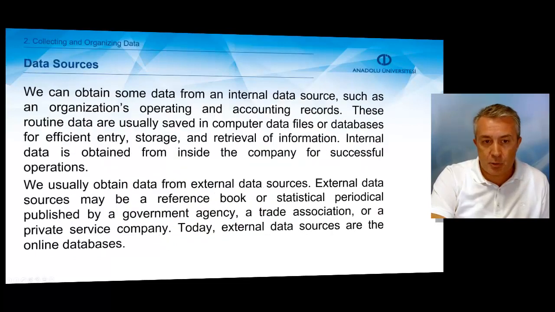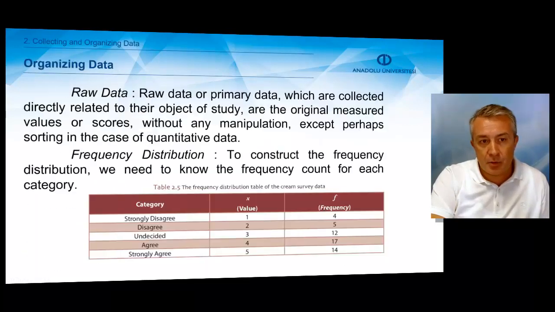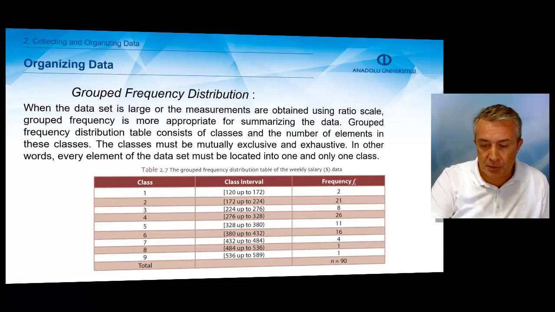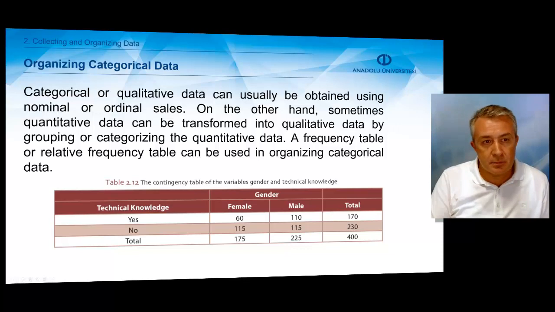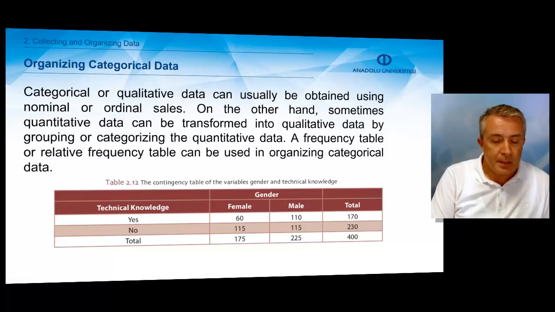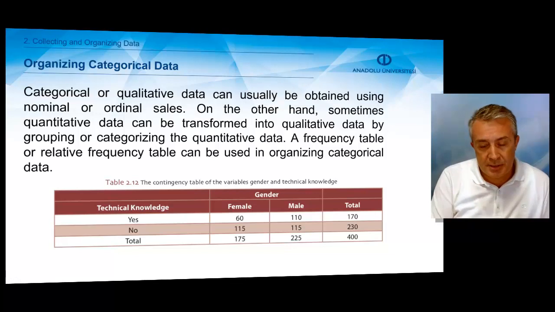Once you ask these questions, what you can do is you can create frequency distributions depending on the type of the data, or grouped frequency distributions, or if you want to make comparisons, then you can create a contingency table for qualitative data, and using this contingency table, maybe you can compare two categorical variables.